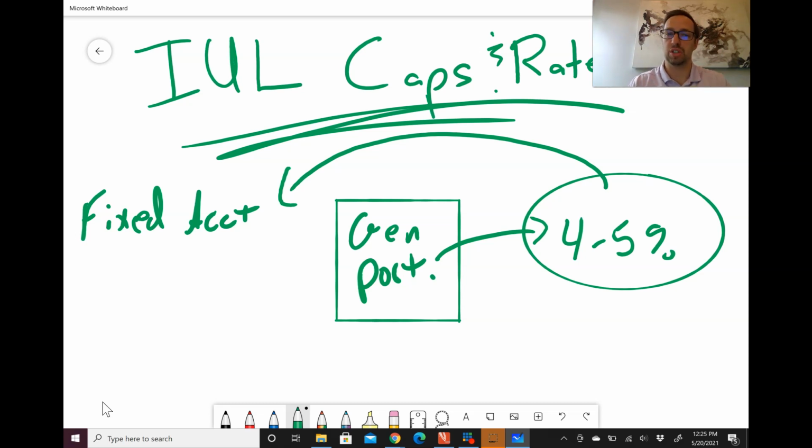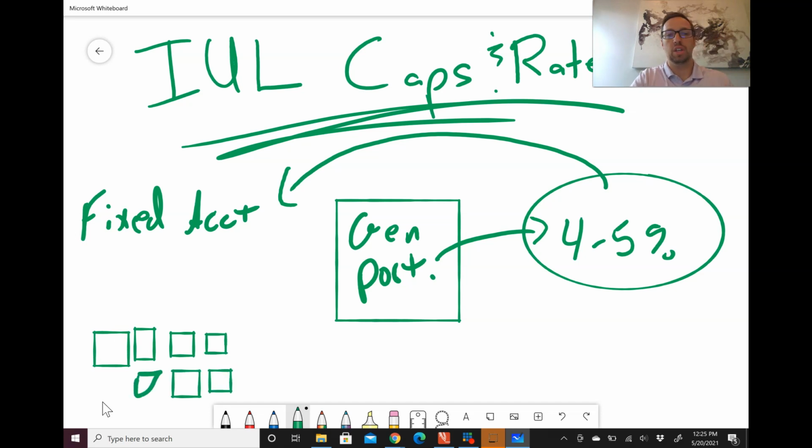The reason the fixed rate is declared annually is because the general portfolio fluctuates in its rate of return. You have thousands and thousands of IUL policy holders that are all funneling money every single year into the general portfolio in the form of premiums.